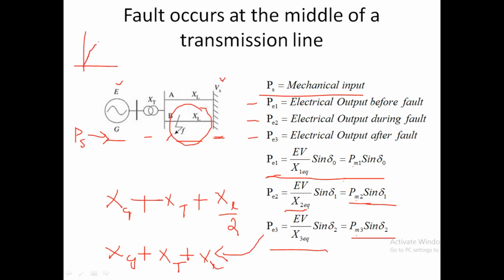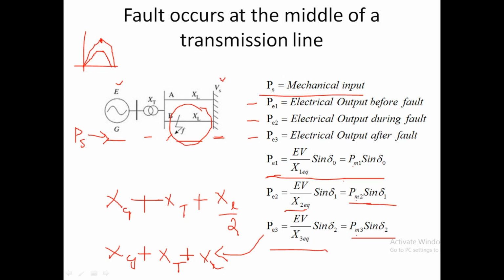For one case this is the maximum value, but for another case the maximum value is different, so it has another power angle curve, and the third case likewise has a different power angle curve.